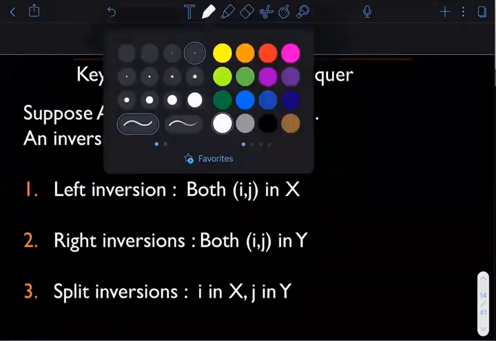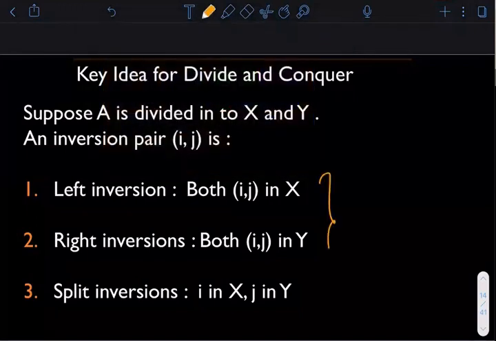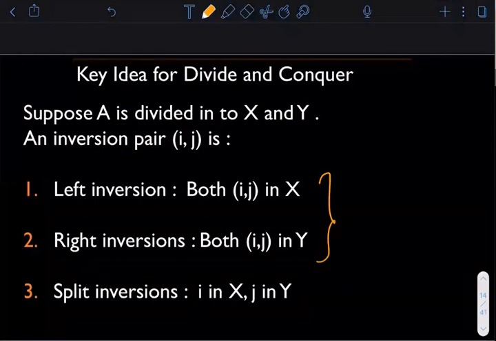How will I compute the first 2 categories? How do I compute the first 2 categories of inversion? Exactly. That's where the recursion comes into the picture. Because if I look at the left inversions, there is nothing special going on here.